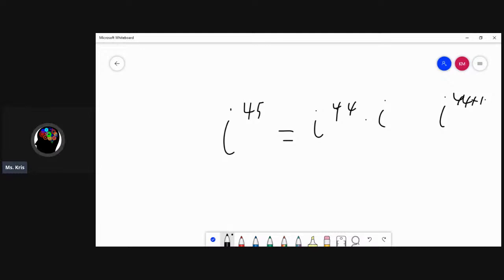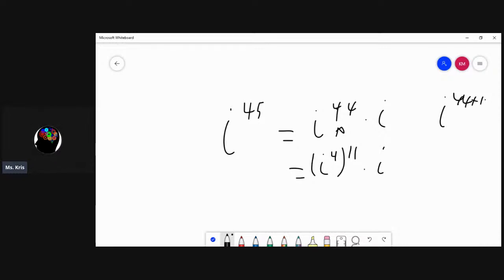So if you remember, i to the 4th is 1. So 44 is a factor of 4. So I can say i to the 4th, and I raise that to the 11th power. That gives me my i to the 4th to the 11th power, or i to the 4 times 11. That's how you get i to the 44. And still you multiply that i.